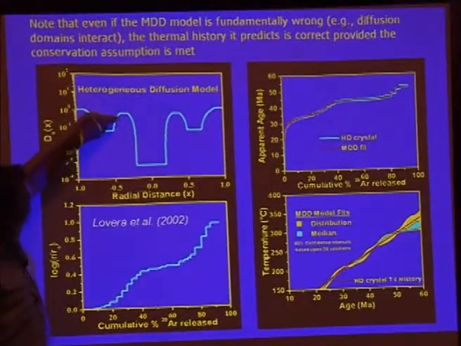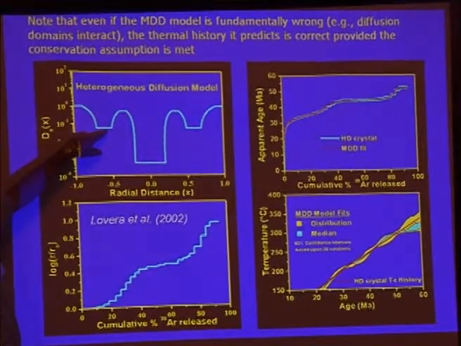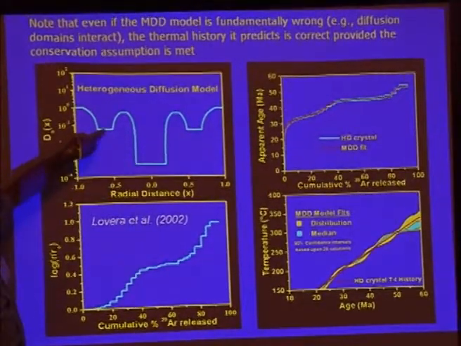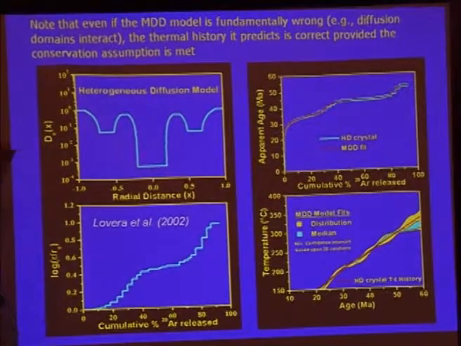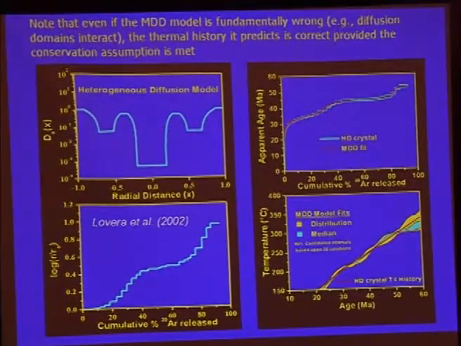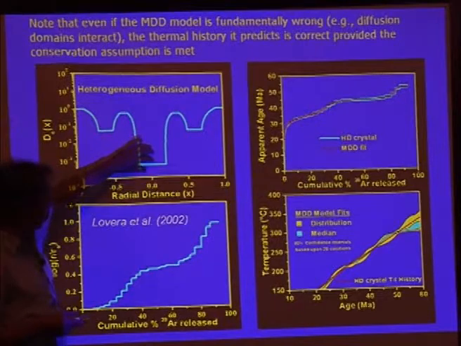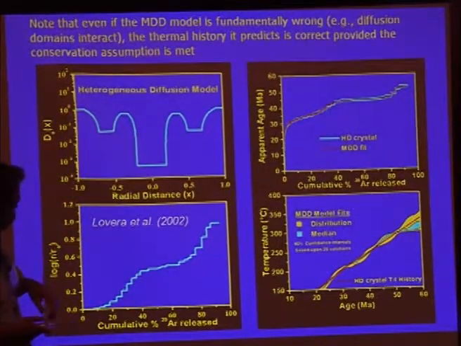Then there's a kind of bullet-shaped region with much higher, then a rim with somewhat lower but higher than the core, so like this. So this was a fanciful, heuristic model, developed to drive a point home, which is, if you took this model, what does the R-R0 plot look like?